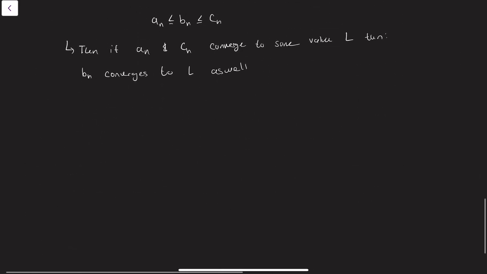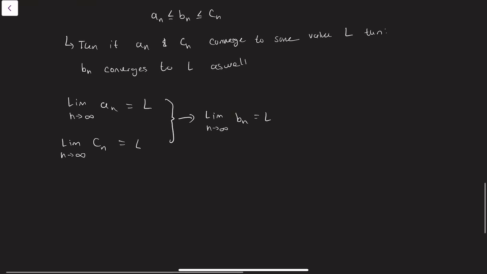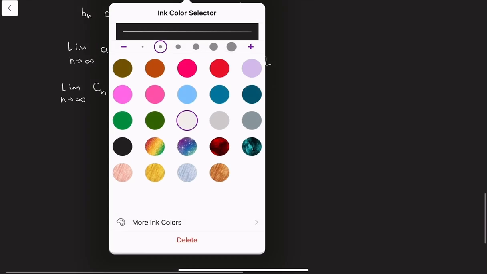So in this case, as n approaches infinity, the limit of a_n and the limit of c_n both approach some value L. They approach the same value, then we can say b_n must approach this value as well. So the limit as n approaches infinity of b_n will also equal L.